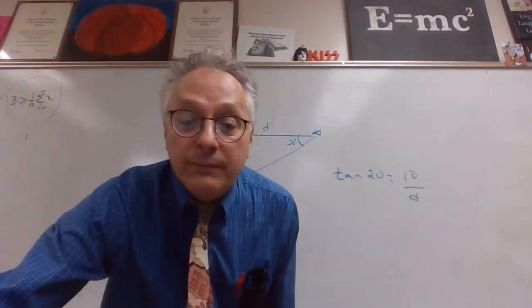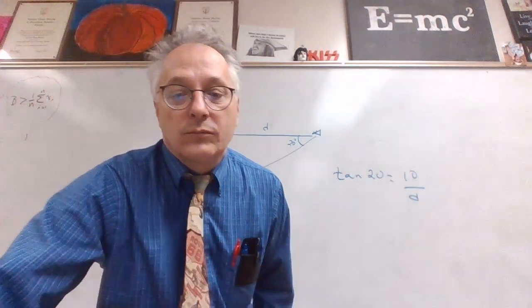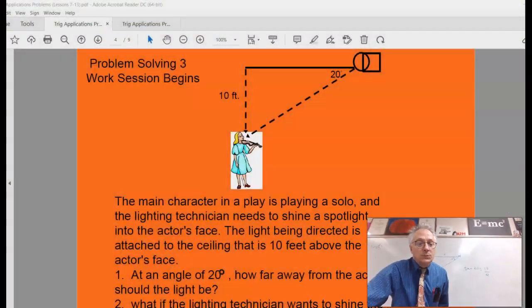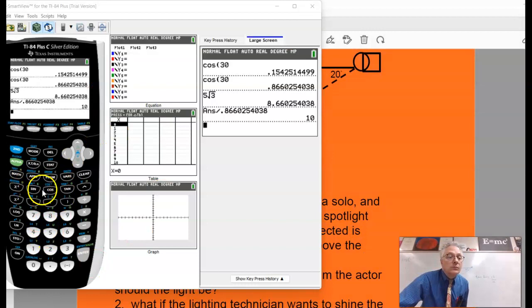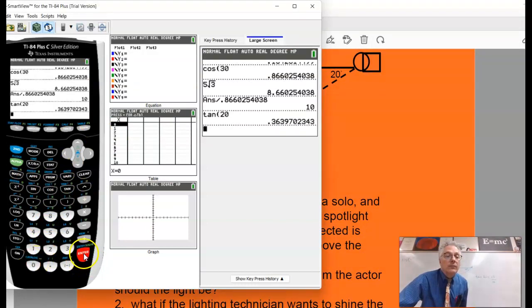So tangent of 20 is 0.364, and that's equal to 10 over d. And just switch places. So d is going to be 10 divided by 0.364.